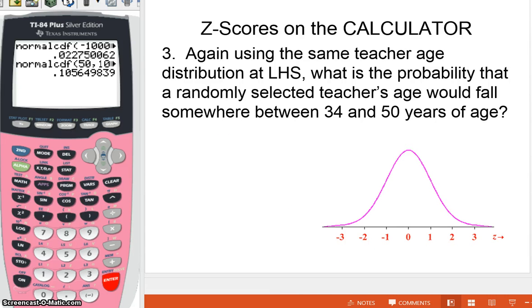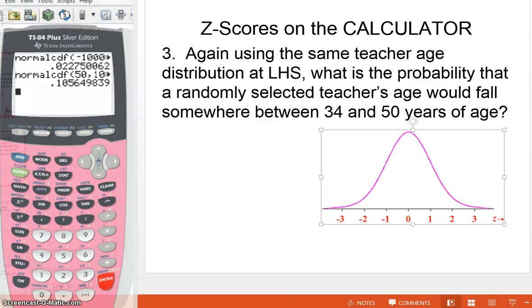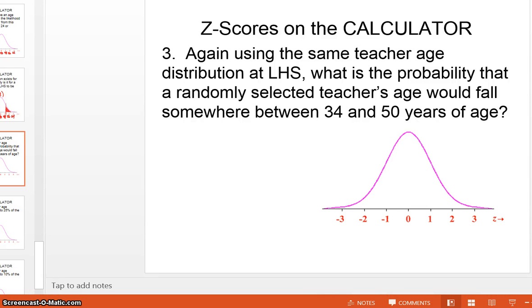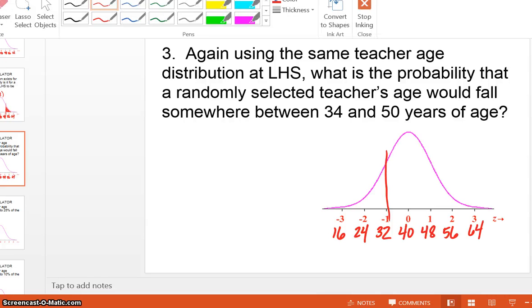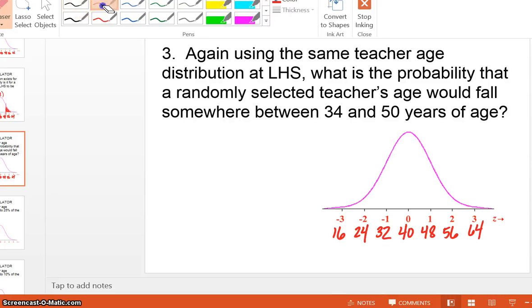Number 27. Now we're looking at that a teacher is between the ages of 34 and 50. We're looking at between the ages of 34 and 50. So we're going to fill in our table again. And we want to calculate between 34 and 50.